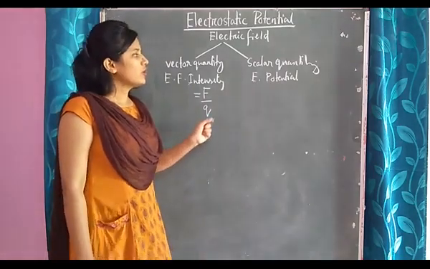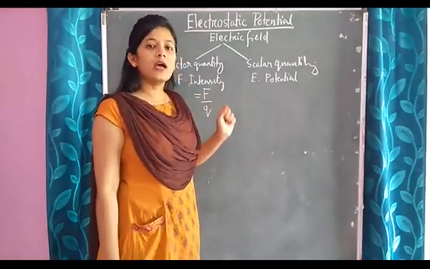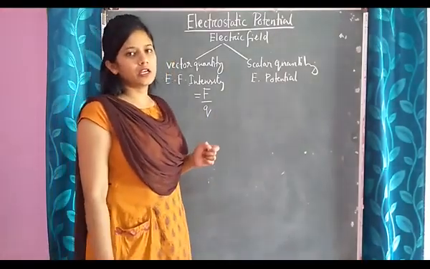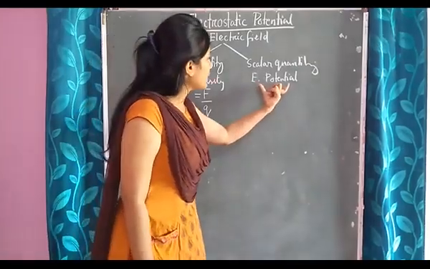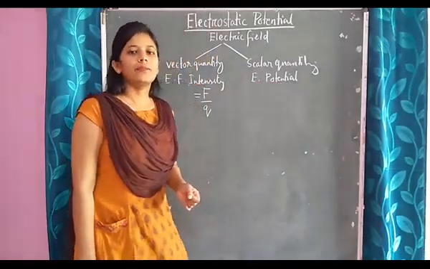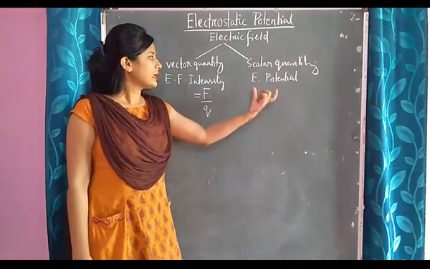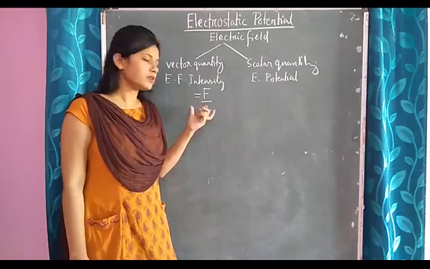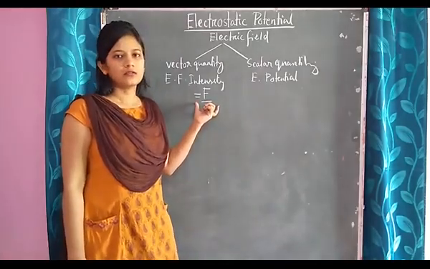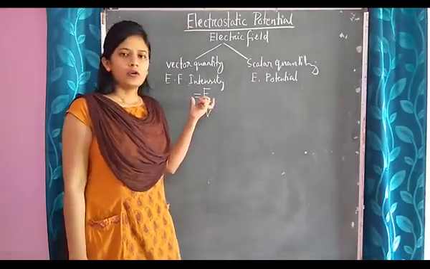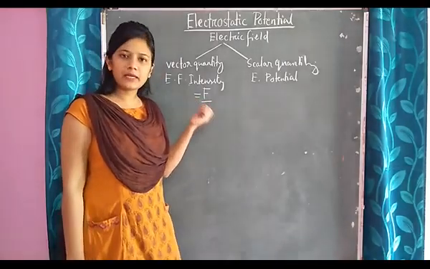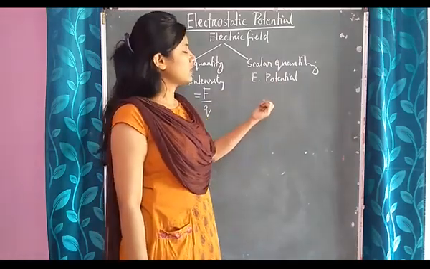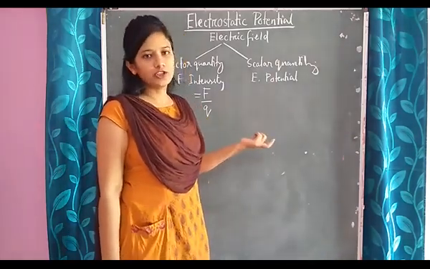In order to find out the energy associated with a charged particle placed in an electric field, we take the term electric potential. So electric field intensity at a point gives us the force experienced by the charged particle at that point, whereas electric potential actually gives us an energy term.